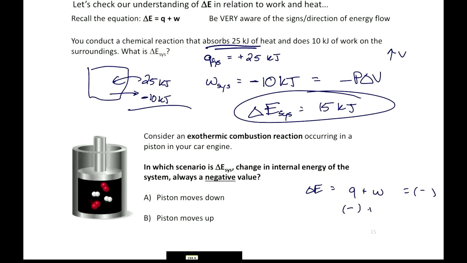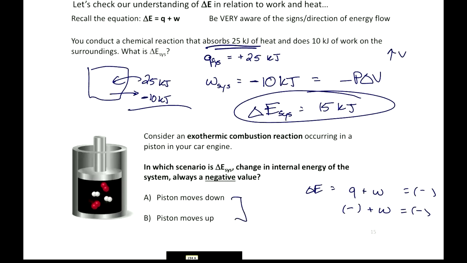So a negative number plus W, we're looking for a negative number. So what sign of work do we want in order for delta E to always be a negative number? Work is negative. Yeah, so if we have an example where work of the system is negative, we will always have a negative delta E value.